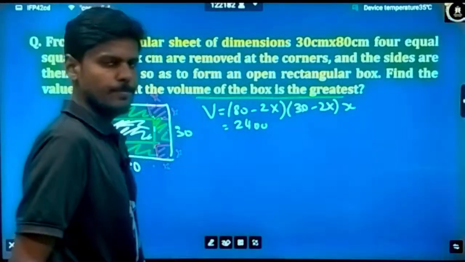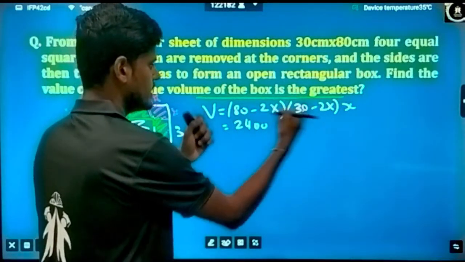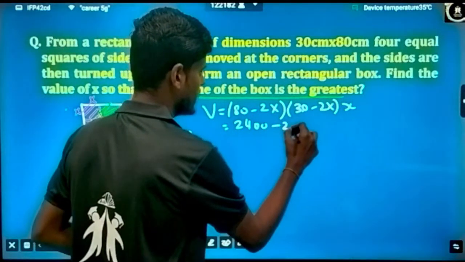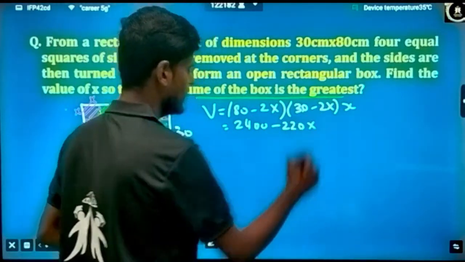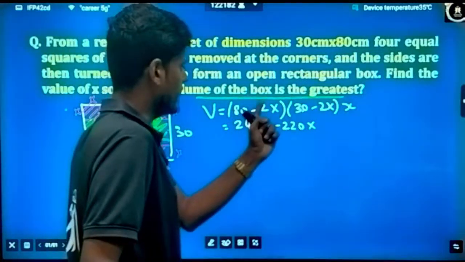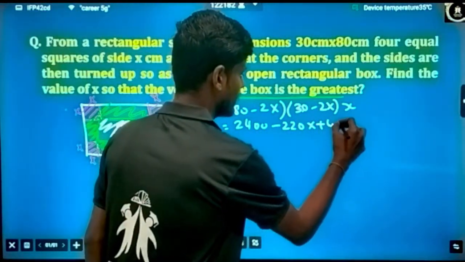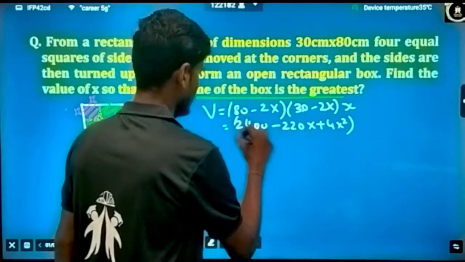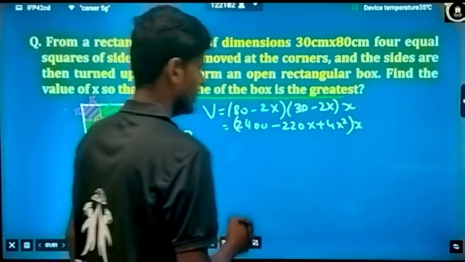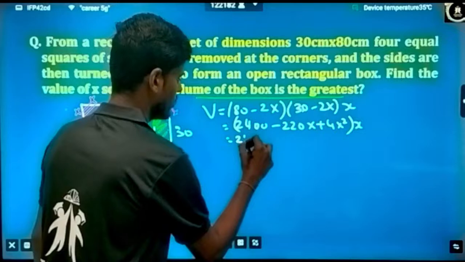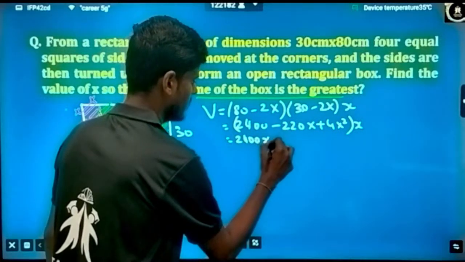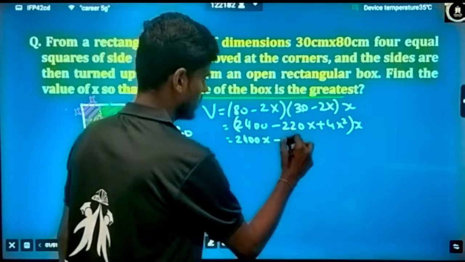Minus 2 into 80, minus 160. So minus 60 minus 160 is minus 220x. Then minus 2x into minus 2x, that is plus 4x square, into x. That is equal to 2400x minus 220x square plus 4x cube.